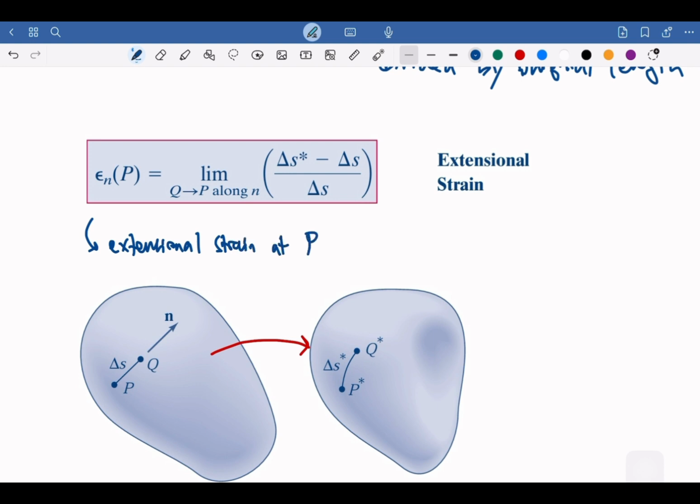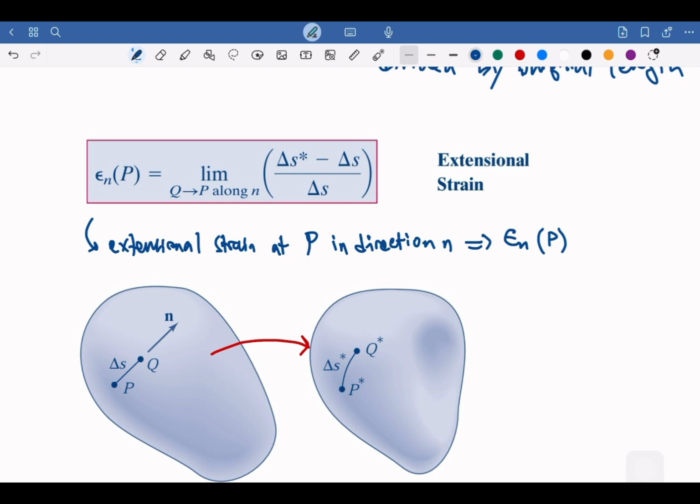in direction n, we could write as e with subscript n at P. Okay, that's the idea. And the definition is taken by the limit.